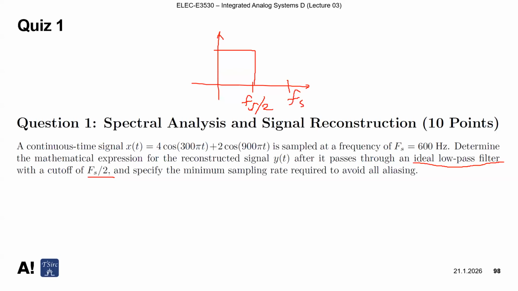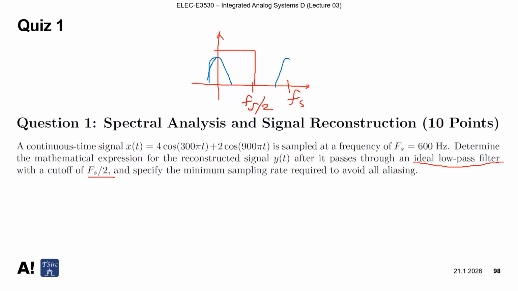This is the question. When we take an ideal low-pass filter at the Nyquist rate, then as we discussed, if we have an input frequency band shaped like this, it will be symmetrical.